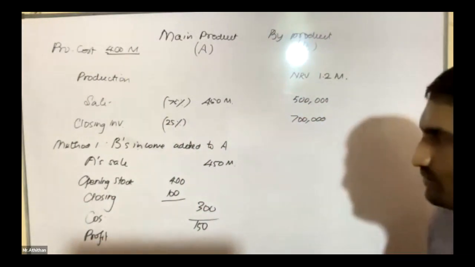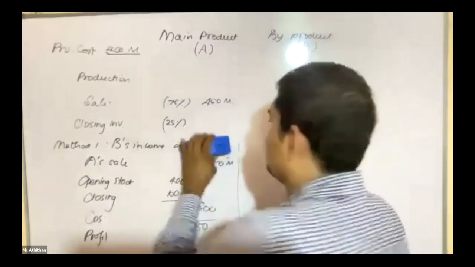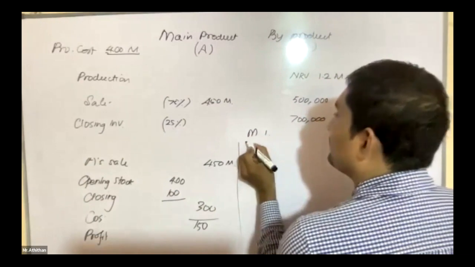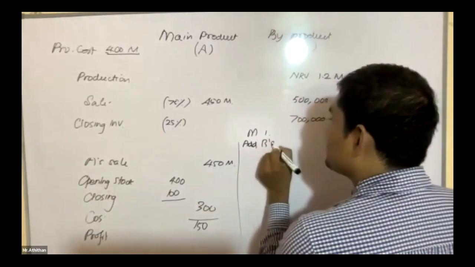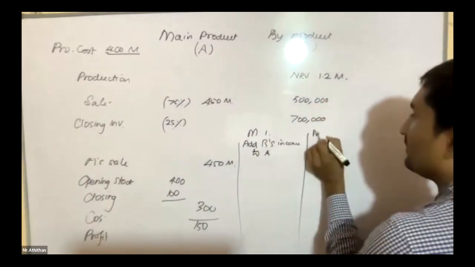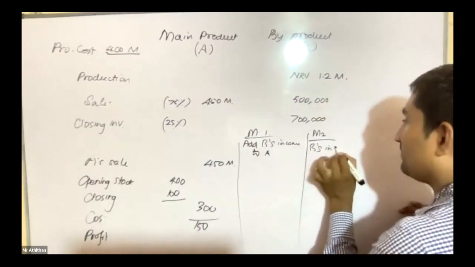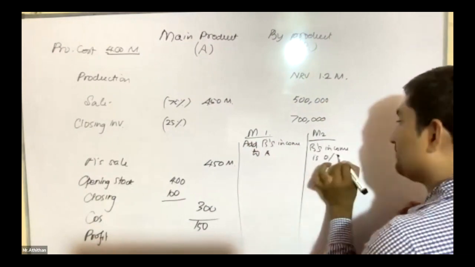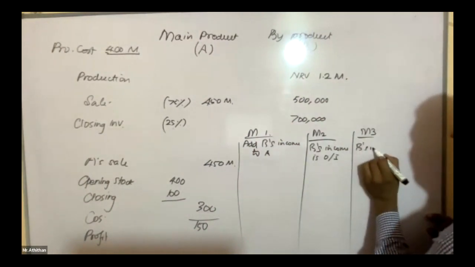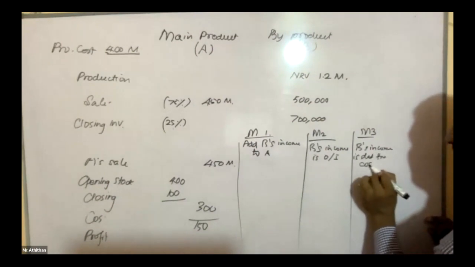Normally, this is what we have seen that we need to do. Now we are going to look at method 1: add B's income to A. In method 2, B's income is other income. Method 3, B's income is deducted from cost of sale.